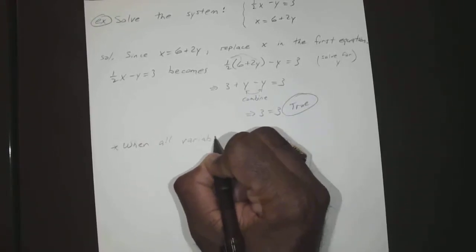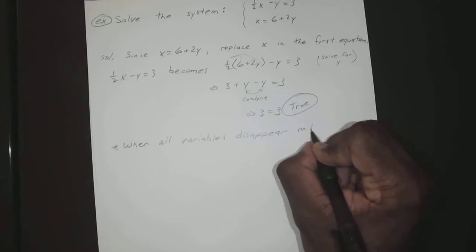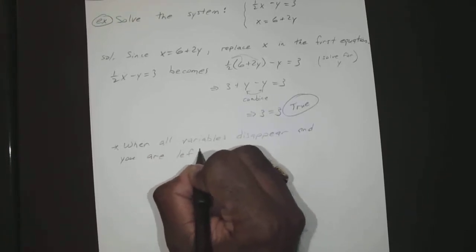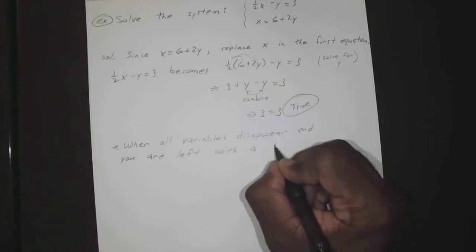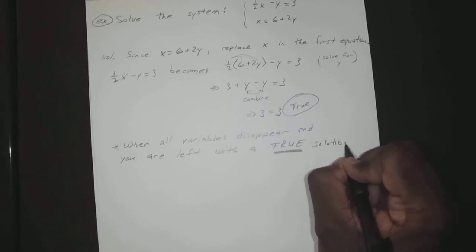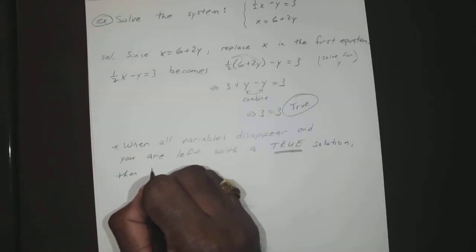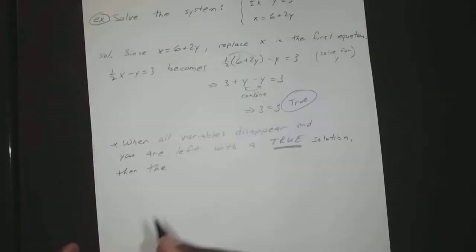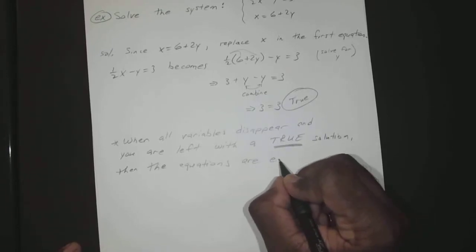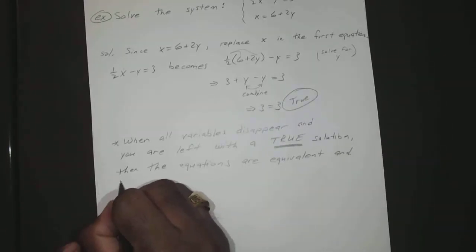So when all variables disappear and you are left with a true statement, that's the important part, then the two equations are equivalent and there are infinite solutions.